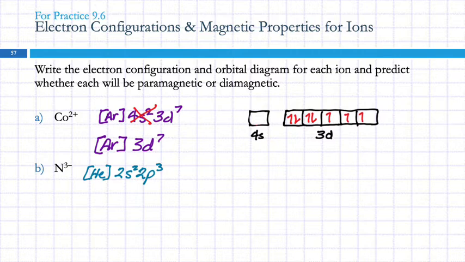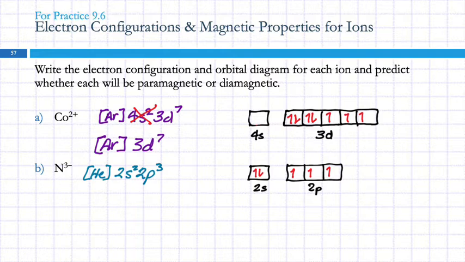And if we look at the orbital diagram, 2s2 and 2p3. Those are the atoms, right?